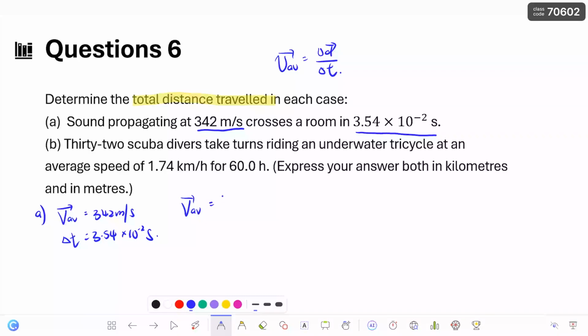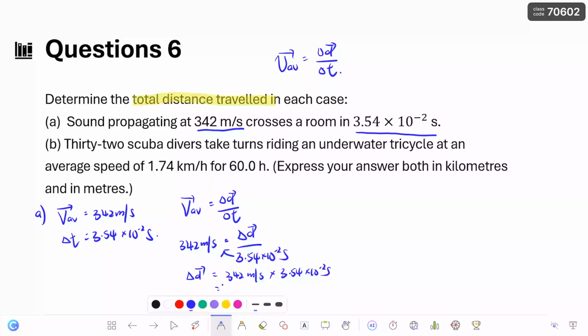So we just rearrange the equation. So delta D is equal to 342 meter per second times 3.54 times 10 power negative 2 seconds. So the answer, we take 2 decimal place, 12 meter.